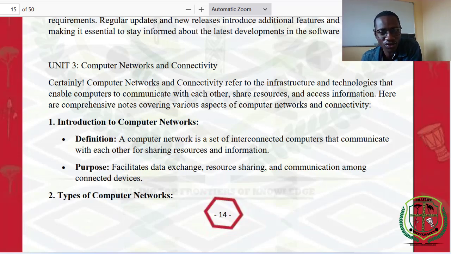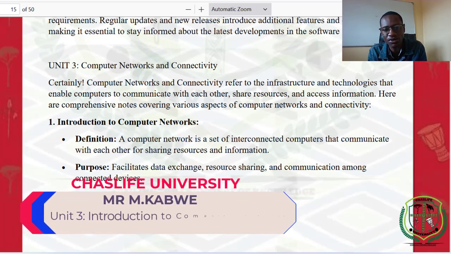And in today's lesson, we're going to introduce computer networks and connectivity. So, Unit 3 is about computer networks and its connectivity. Now, of course, we know that computer networks refers to the infrastructure and technologies that enable computers to communicate with each other, share resources, and access information.